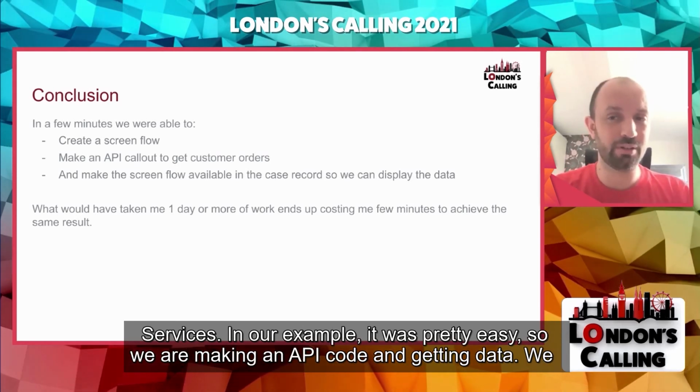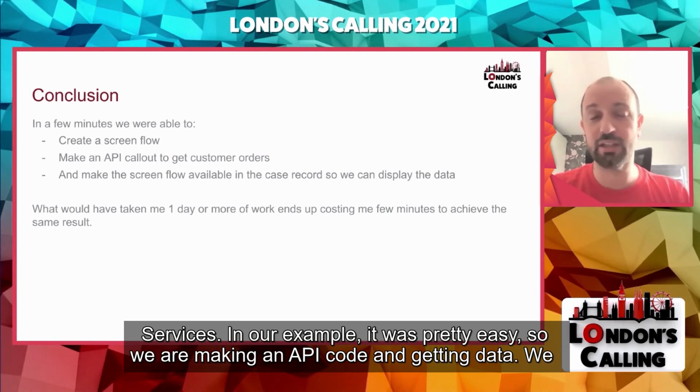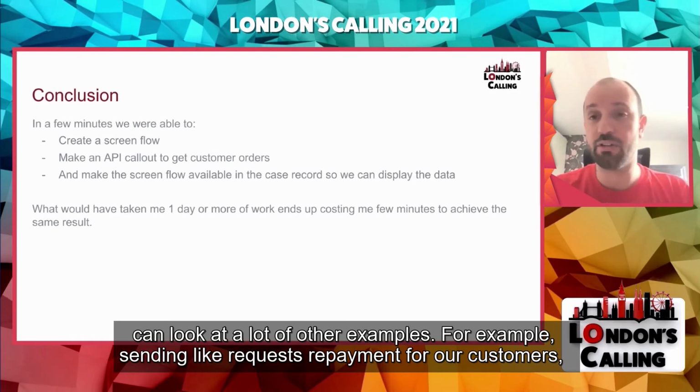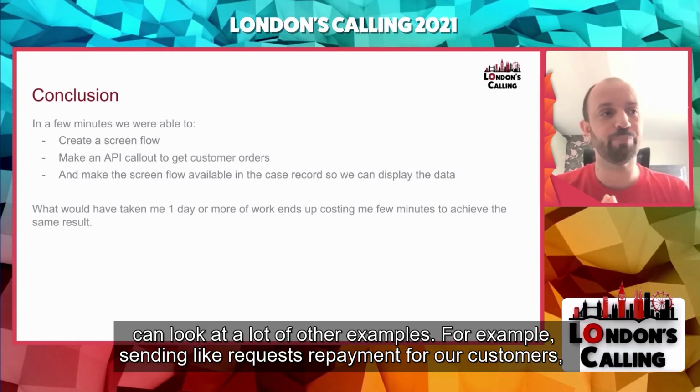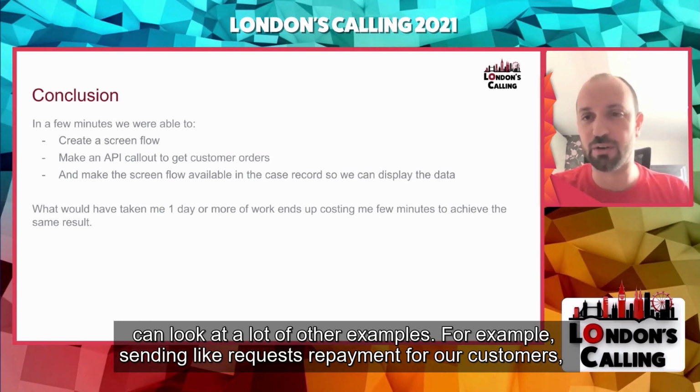In our example, it was pretty easy. We are making an API call and getting data, but we can think about a lot of other scenarios, for example, requesting repayment for our customers.